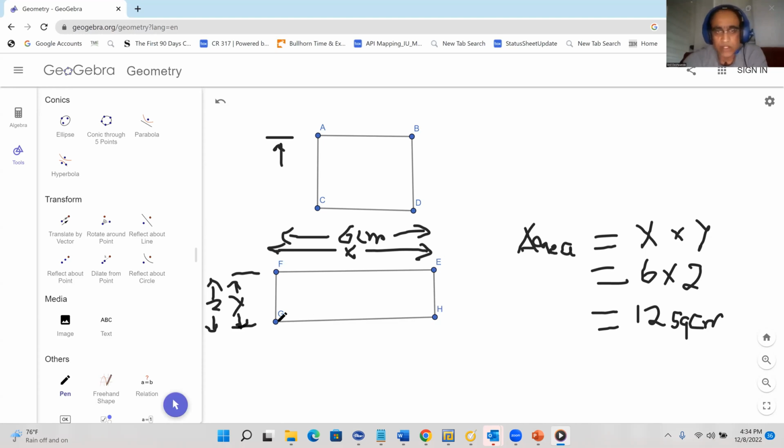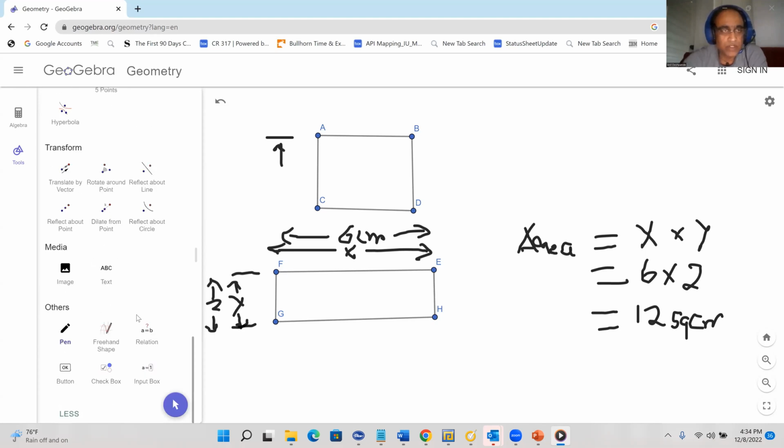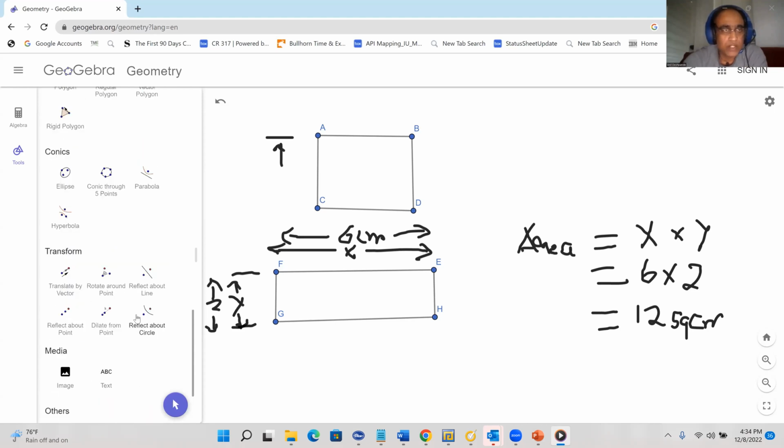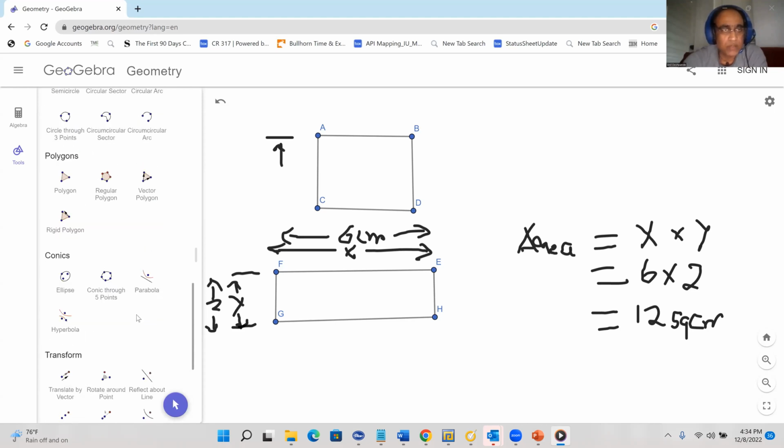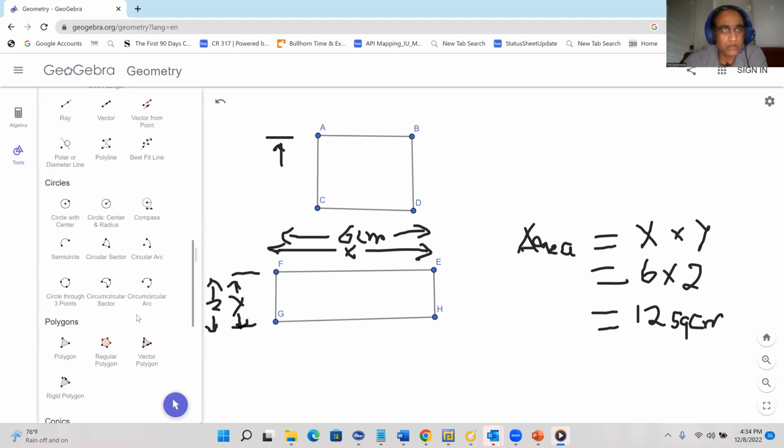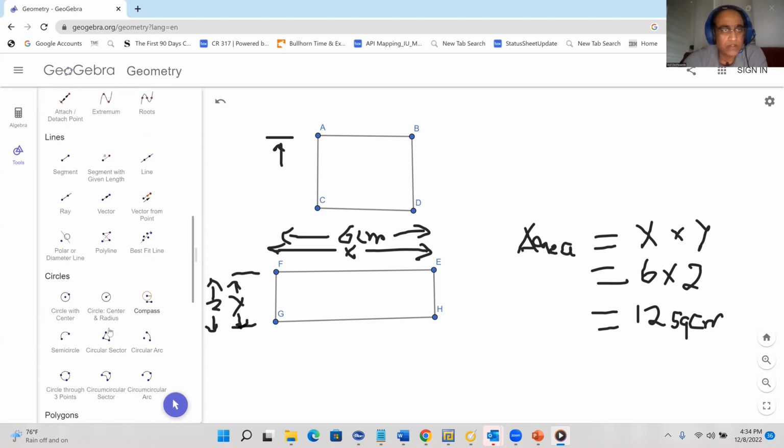So when I see a symmetry here, I will try to join this and this, right? So let me see if I can get a shape which helps me to join this. So let's go back here, parabola, polygon, vector, line, segment. Let's take segment again. So I'm going to join this and this.